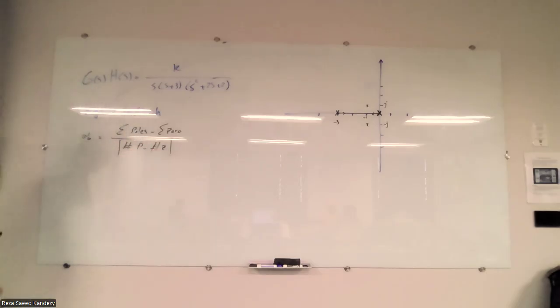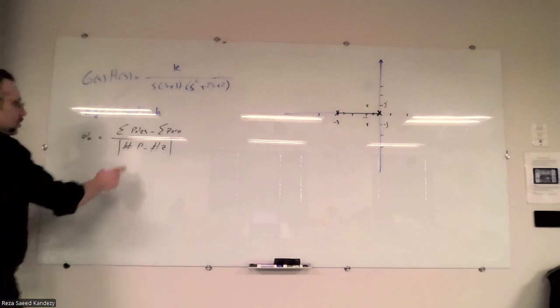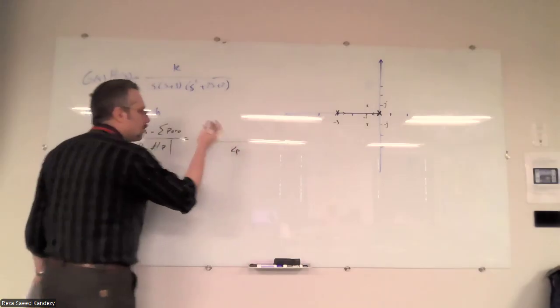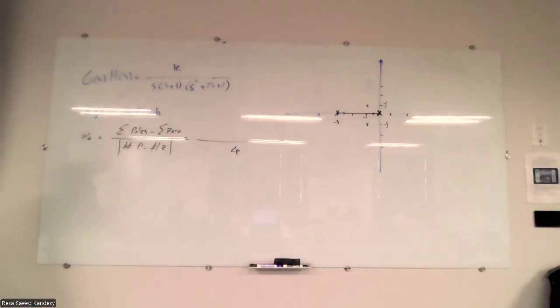I put absolute because it doesn't matter which one is bigger, if we have extra zeros or extra poles. So basically, the denominator is going to be 4, we know that.